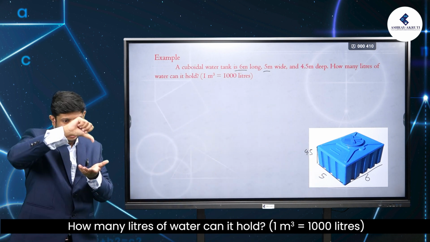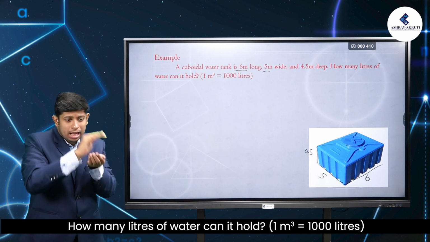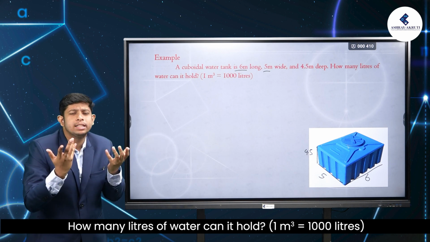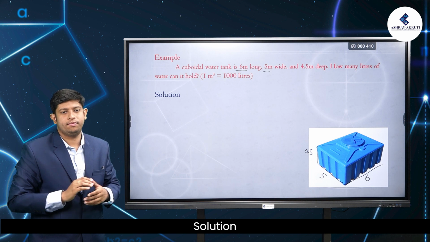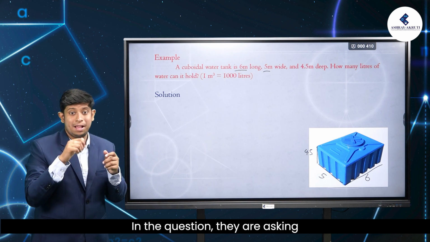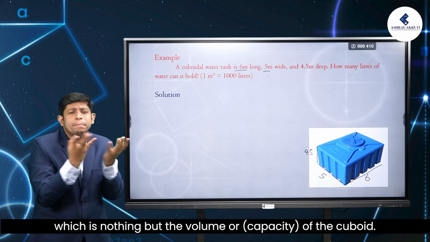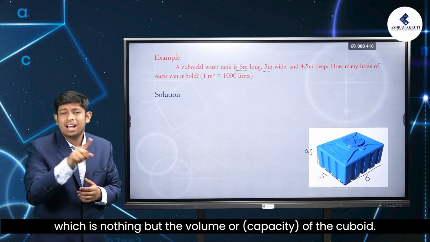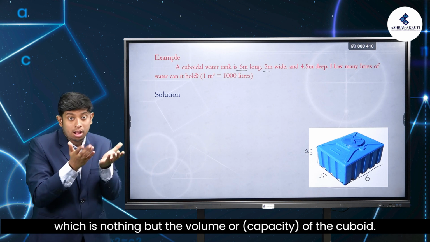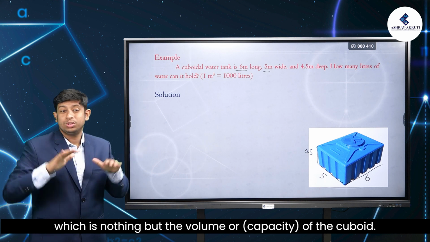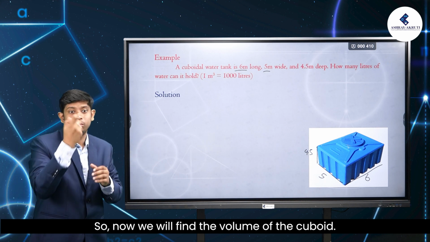How many liters of water can it hold? Solution. In the question, they are asking how many liters of water it can hold, which is nothing but the volume or capacity of the cuboid. So, now we will find the volume of the cuboid.